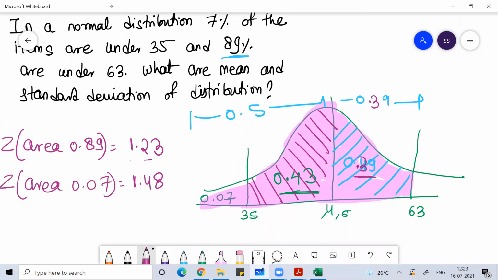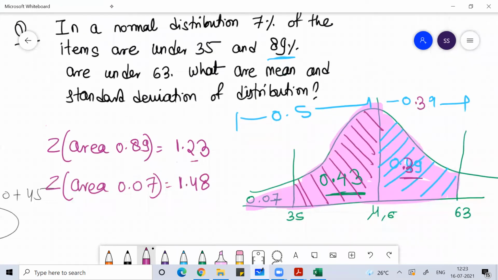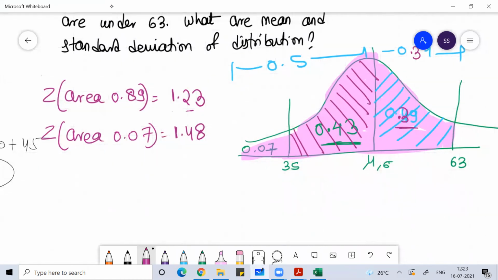Once I get the value corresponding to this, I get the area corresponding to it. In this case, mu is more than 35 and less than 63, which you are sure about.